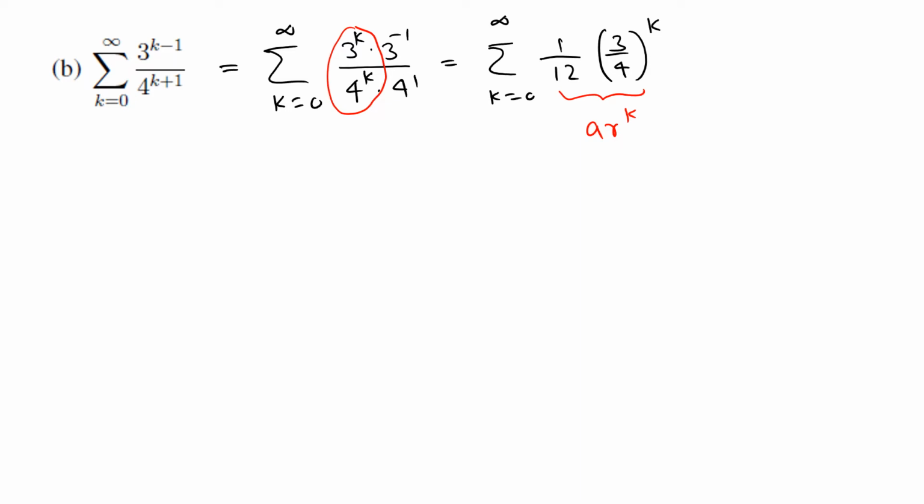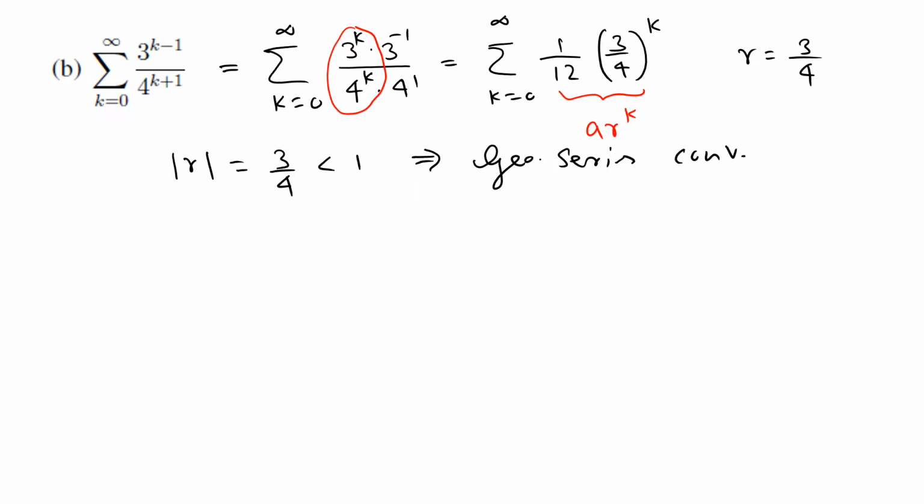So you can see that the absolute value of r, in this case r equals 3/4, which is less than 1. That means the geometric series converges by the test.